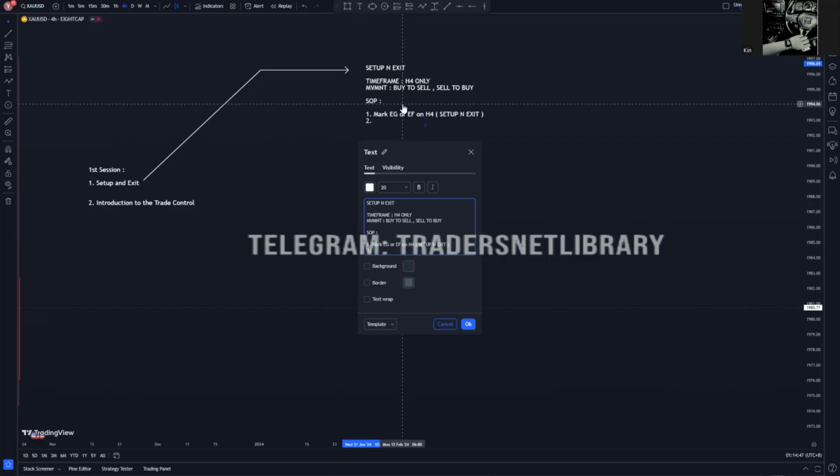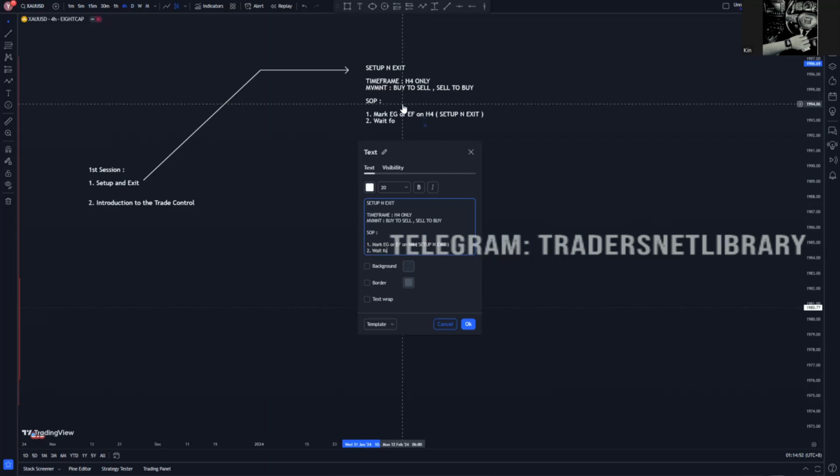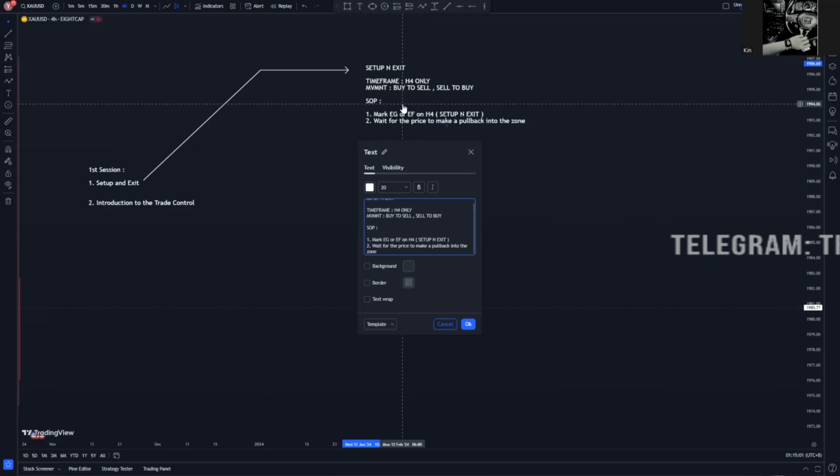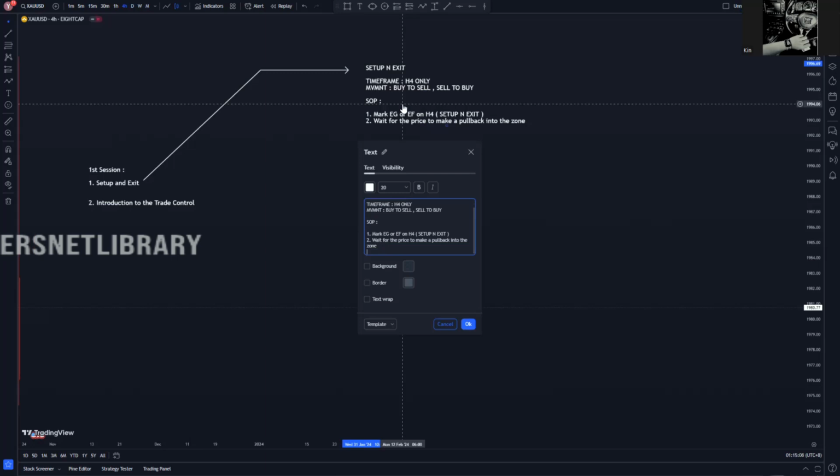The second one is we need to wait for the price to make a pullback into the zone. Which zone are we talking about right now? The zone that we've already marked on the H4 just now. And after the price has made a pullback into the zone, the third one is we need to focus on the current market price.